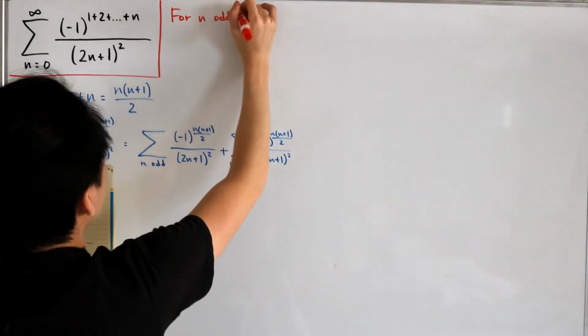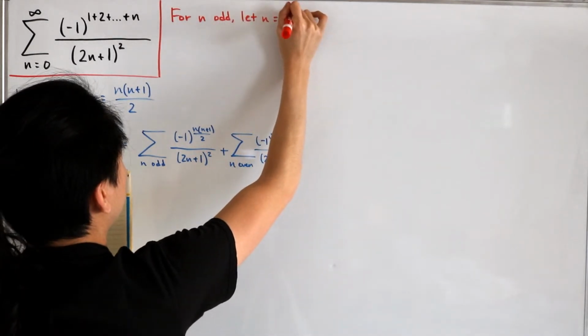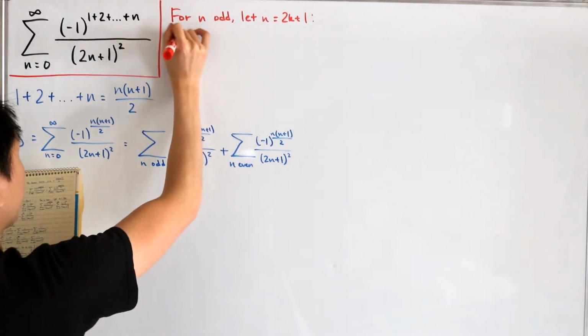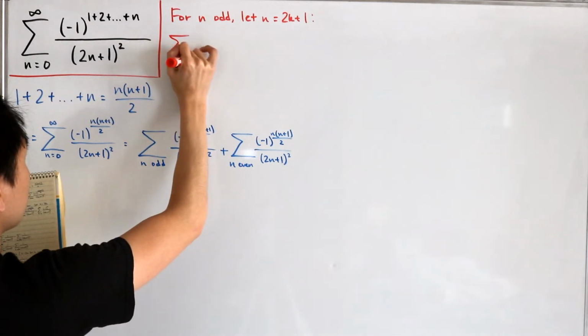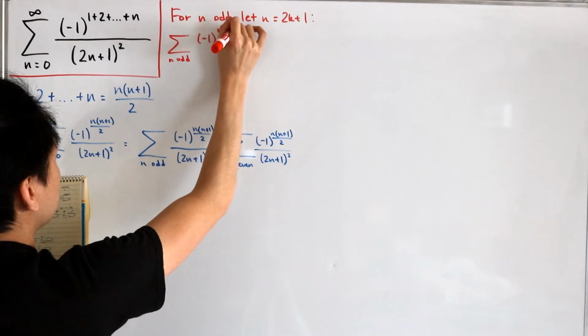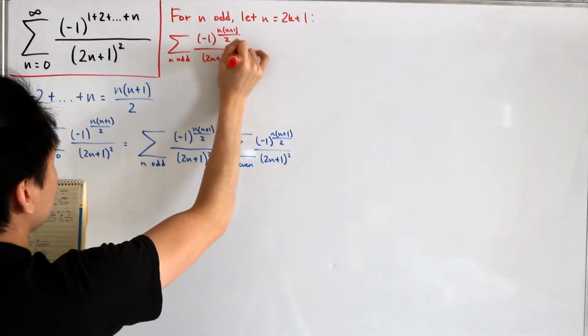Let's suppose that we let n equal 2k plus 1. Of course, this is going to be our odd terms of the infinite sum of the alternating series, with that substitution that we just separated out, and then (2n plus 1) squared.